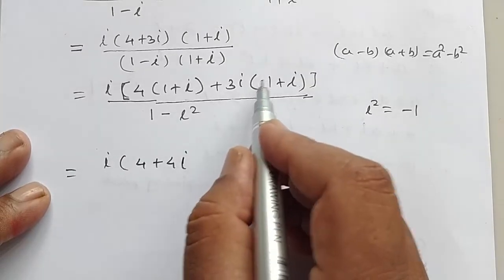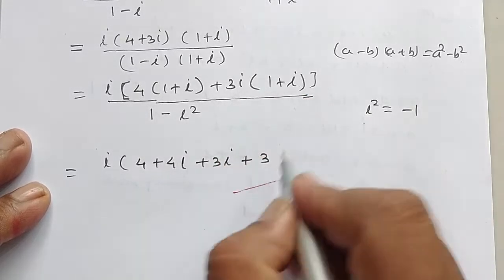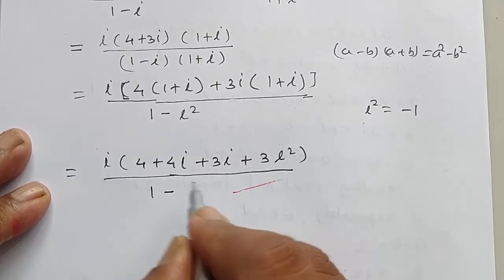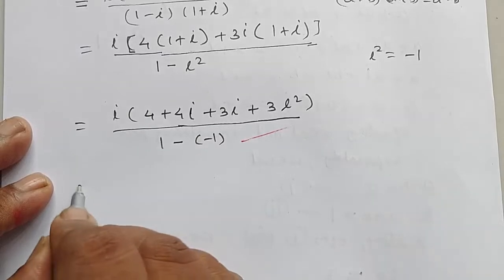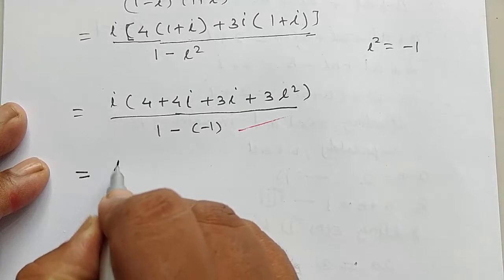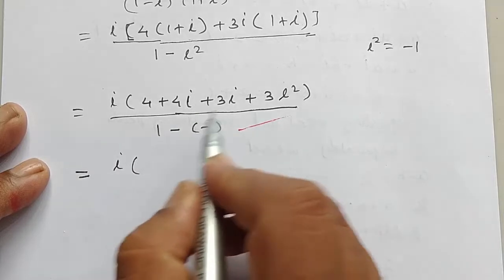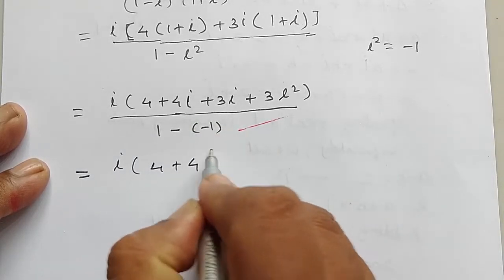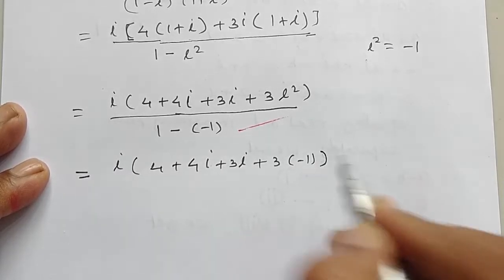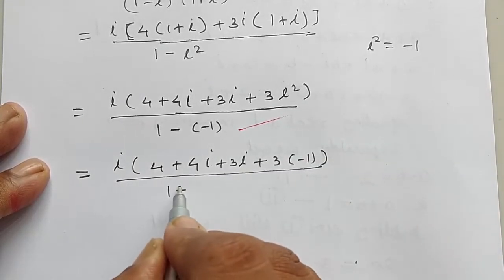We multiply 3i inside the bracket, plus 3i plus 3i into i square, divided by 1 minus i square, which is minus 1, is equal to i into 4 plus 4i plus 3i plus 3 into minus 1, bracket complete. i square is minus 1, divided by 1 plus 1.